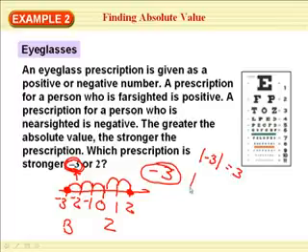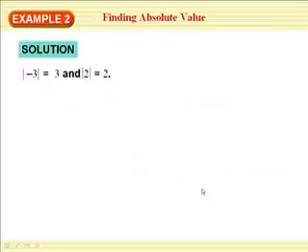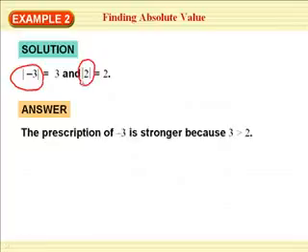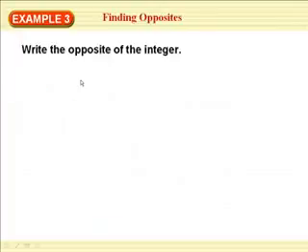If it's like this, they are asking you what is the absolute value of 2, which is 2. So I want you to recognize what the absolute value signs are, because those will show up in your lessons coming up. And so here's their solution. You notice they're using those absolute value signs, which are nice to recognize what those mean. And the prescription of -3 is stronger because 3 had the bigger absolute value.